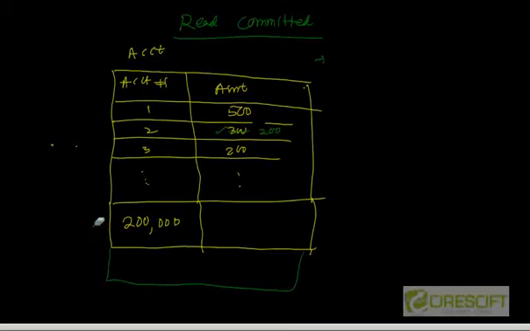Let's say I have the same 200,000 rows, and the amounts are maybe 1,000, something like that. So in a read committed system, if I am seeing a dirty element, then I'm not going to read that.